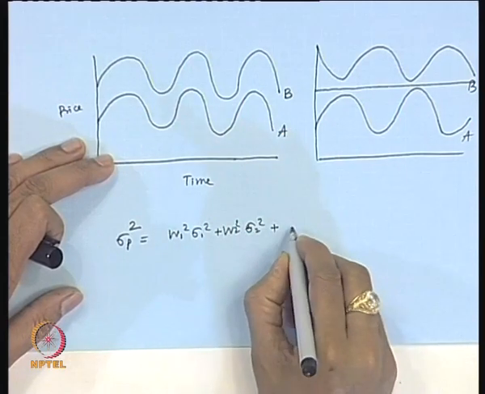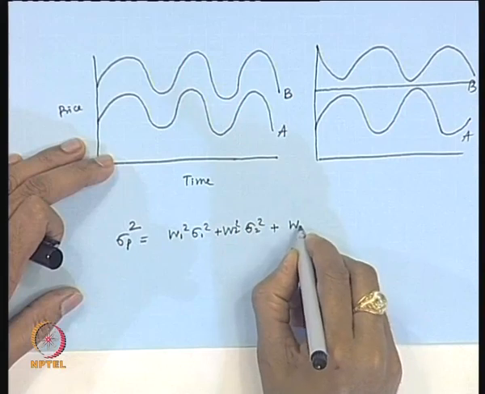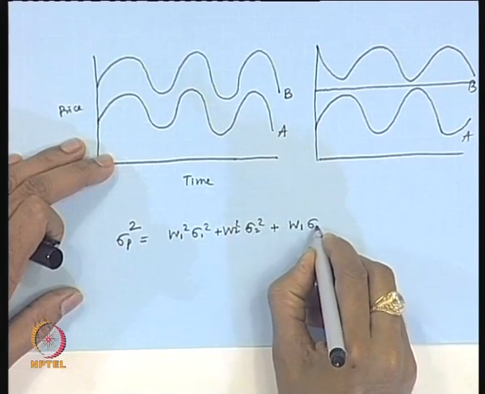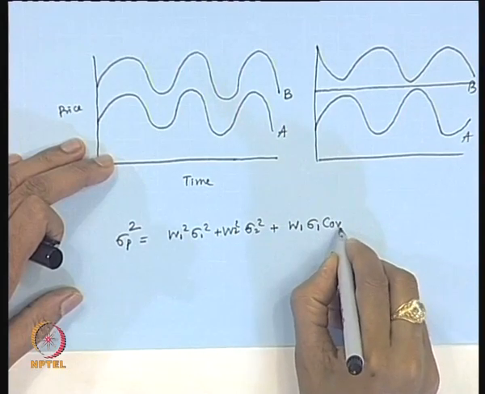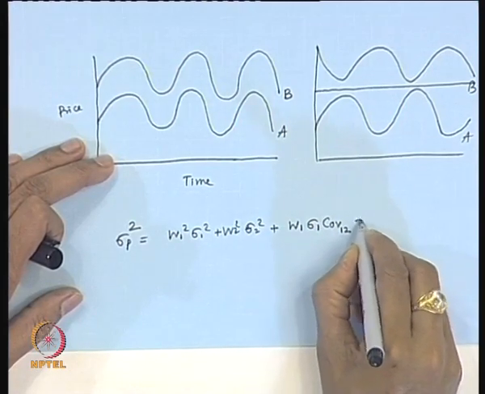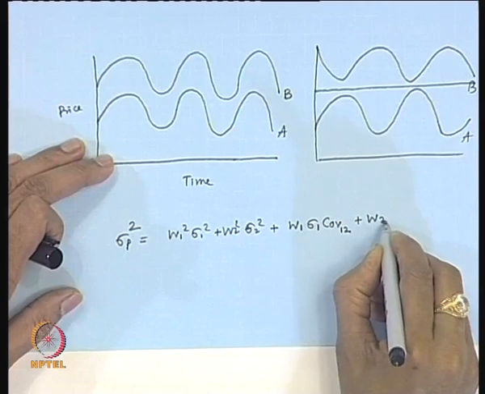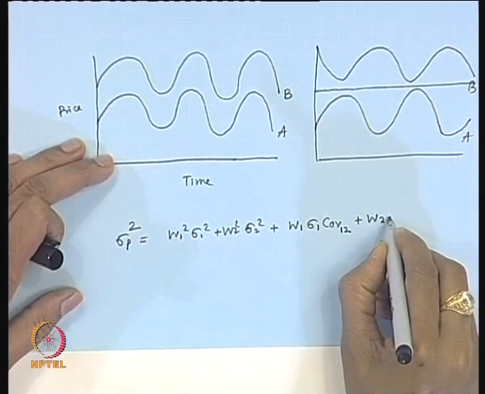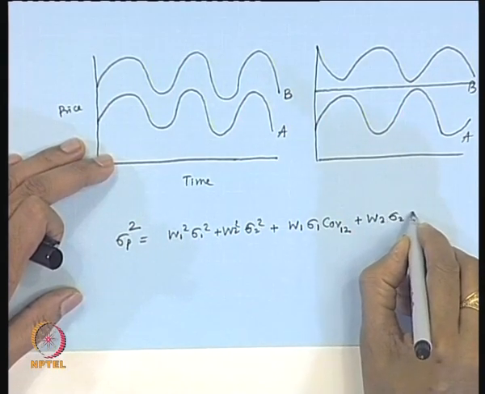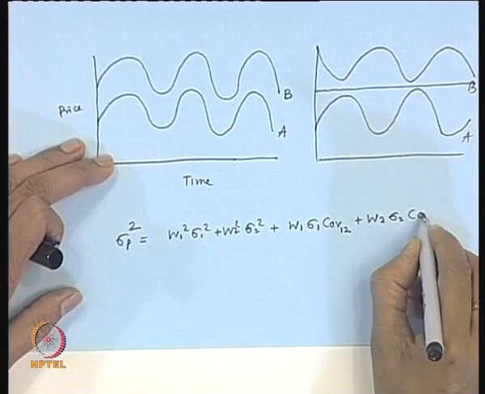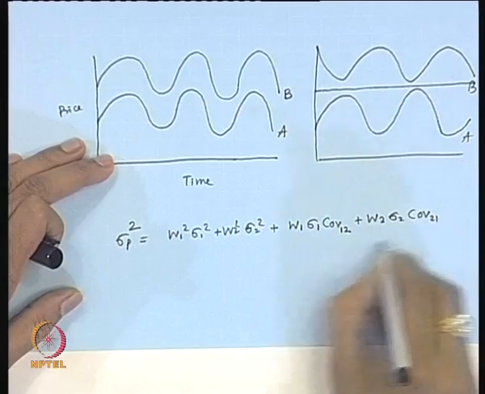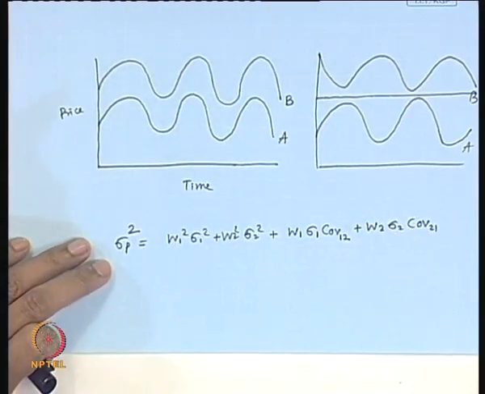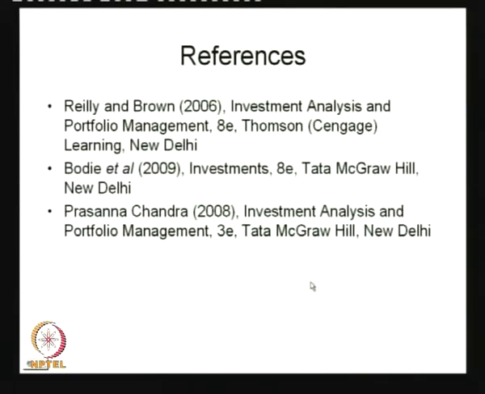Then we have W1 standard deviation 1 and covariance 1 2, then W2 standard deviation 2, then covariance 2 1. So, essentially this becomes one and the same.